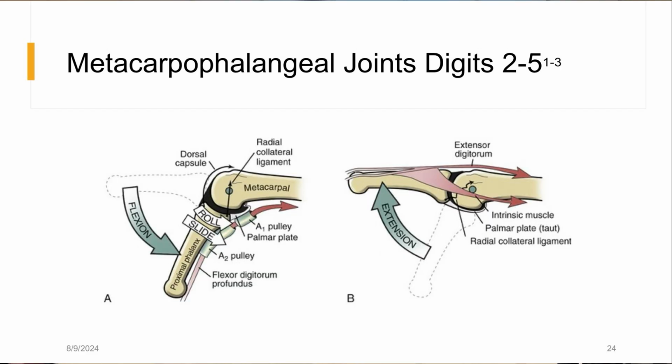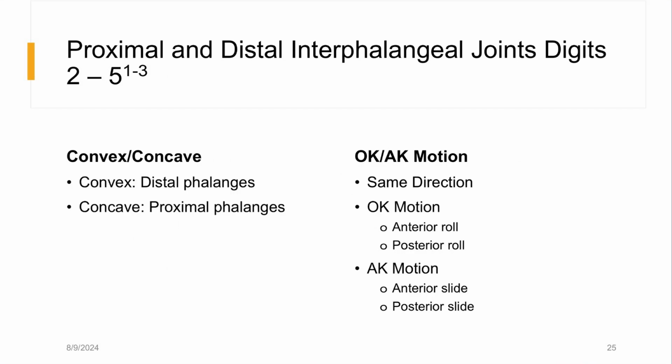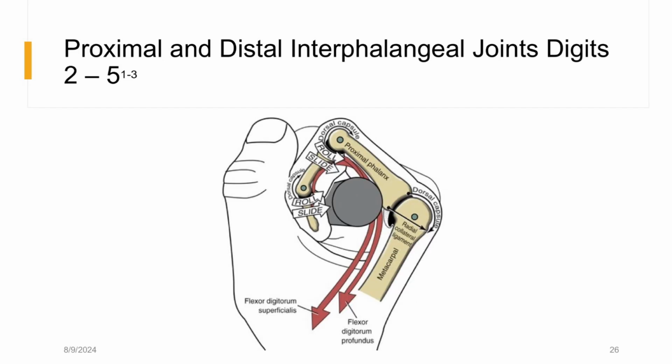So you've got flexion with an anterior or ventral roll and swing, and then you're going to get an anterior or ventral slide or glide. Same thing at the proximal and distal interphalangeal joints. So I'm not going to go through these because I just talked about all of them as one with the OK and AK. This is making the fist with the OK and AK, proximal interphalangeal joint, distal interphalangeal joint, MCP joint.